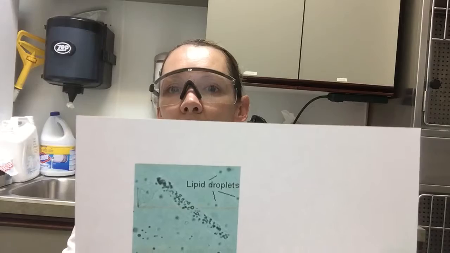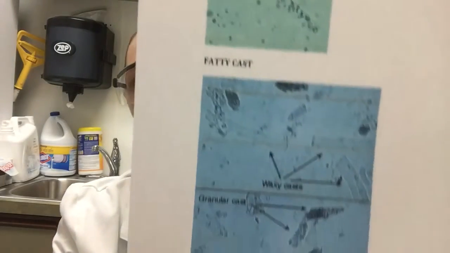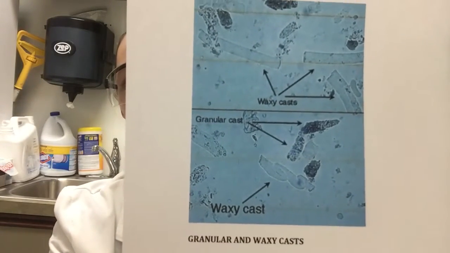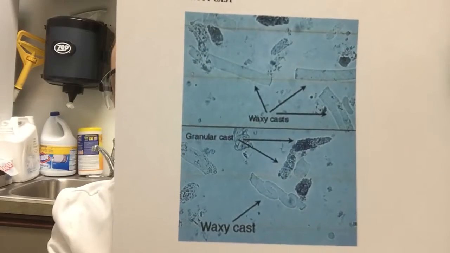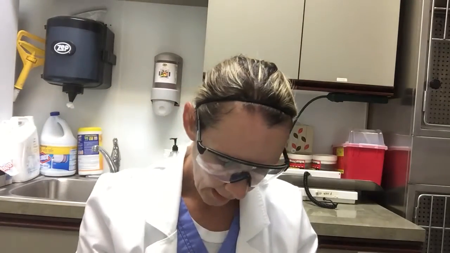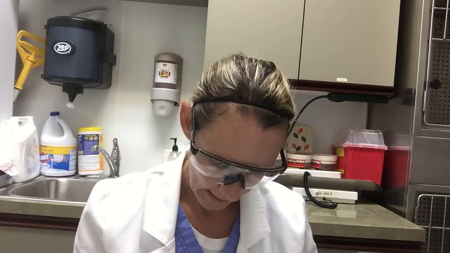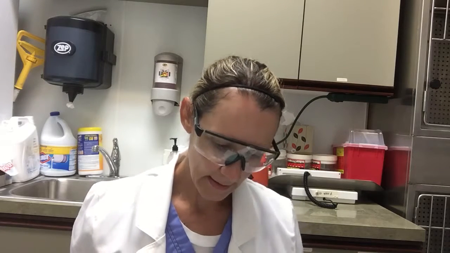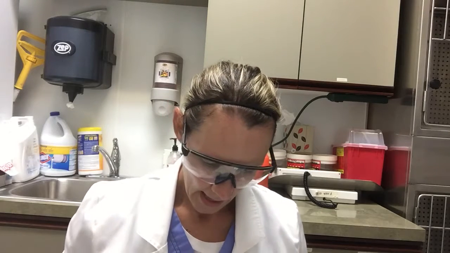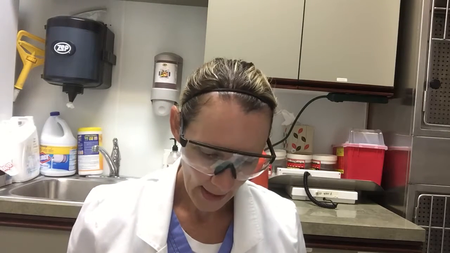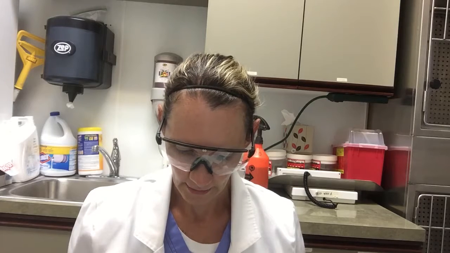Okay, now the next picture I have, I've got some fatty casts right there, and I've got some waxy and granular casts. Now the granular casts signify tubular cell necrosis and degradation, and the waxy casts, excuse me, signify severe or long-standing renal disease.